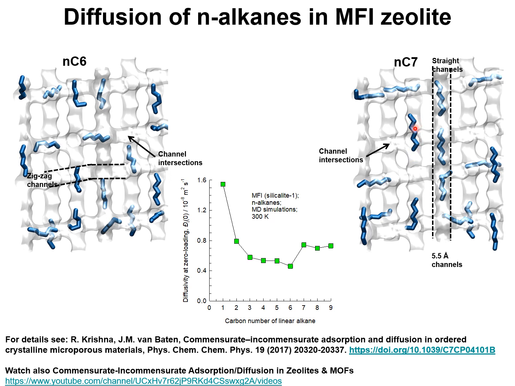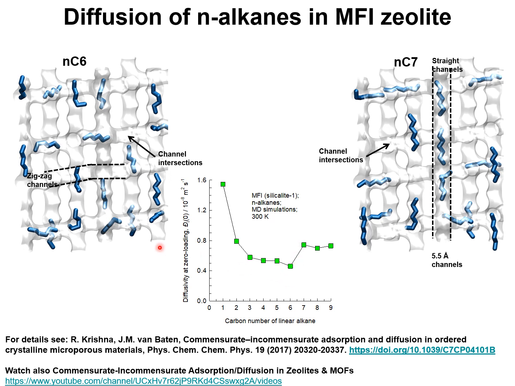On the other hand, for normal heptane, we have incommensurate diffusion because the length of the molecule is slightly longer than the distance between adjoining intersection sites. If a gas molecule is incommensurate in its chain length, then it feels a little uncomfortable and has a tendency to be more mobile.